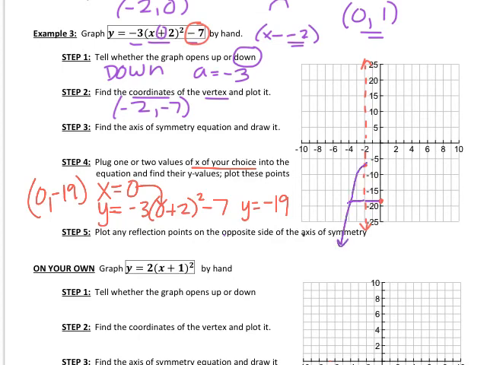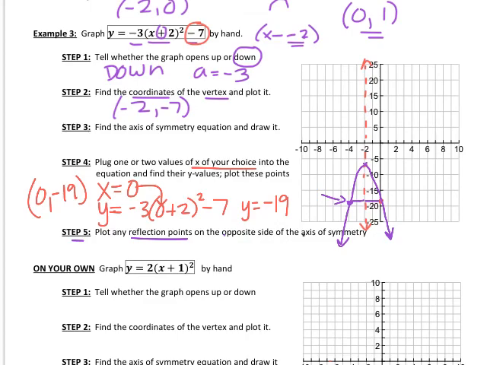I'm just going to make it go through that other point and through the point that I had there. And really that's all I need. Now on the assignment I'm going to ask you to pick 2 x values instead of just 1, and then you will have a total of 5 points on your graph. So then it says plot any reflection points. Well, this point over here was my reflection point. Okay, so I did that step before I read the step here.